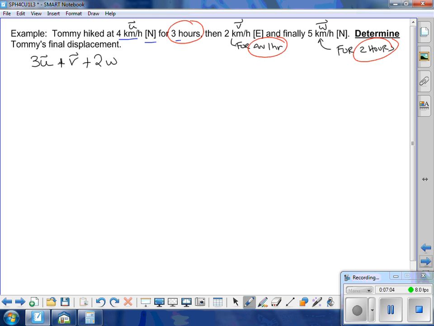All right? So all this question is doing is making you add the vectors up the right amount of times.